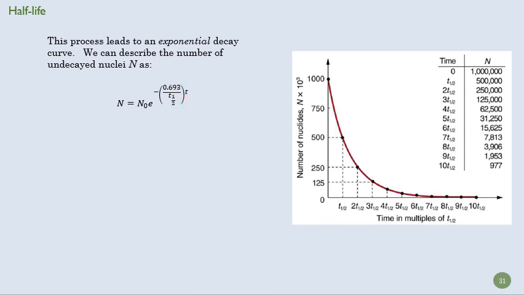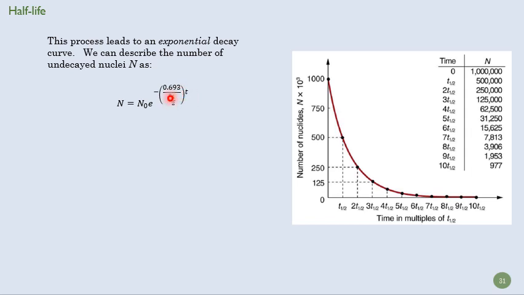So let's say my half-life is 10 seconds, right? I might put 10 seconds here, and then I could multiply that by however much time has passed. So let's just do the math here. Let's say our half-life is 10 seconds and 10 seconds have passed. Then I'm going to have 0.693 over 10 seconds times 10 seconds.